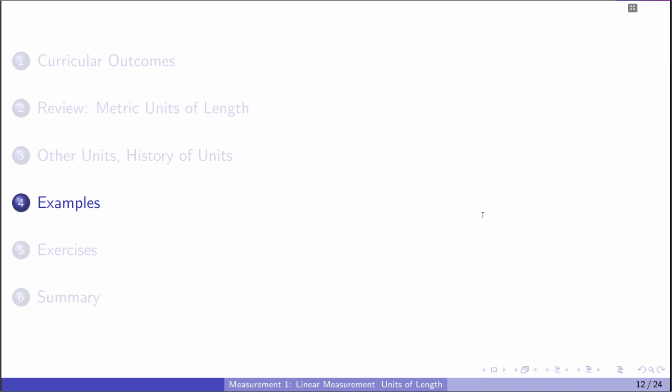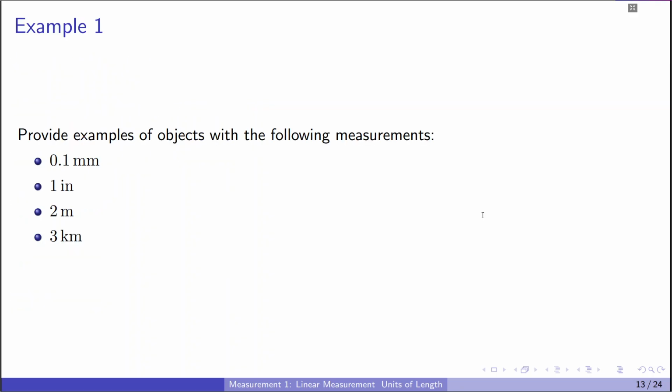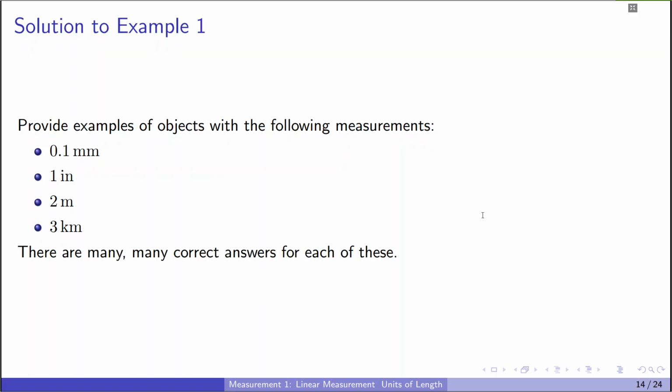So, examples of how to use these. Let's find some examples of objects with the following measurements: 0.1 millimeters, 1 inch, 1 meter or 2 meters, and 3 kilometers. Well, there's a lot of correct answers for each of these.